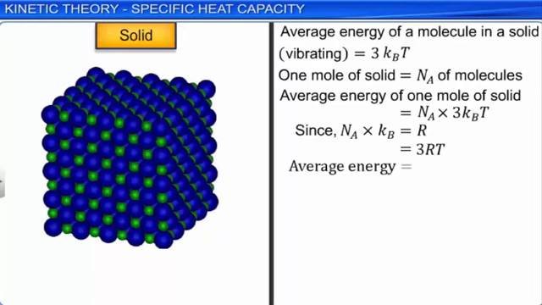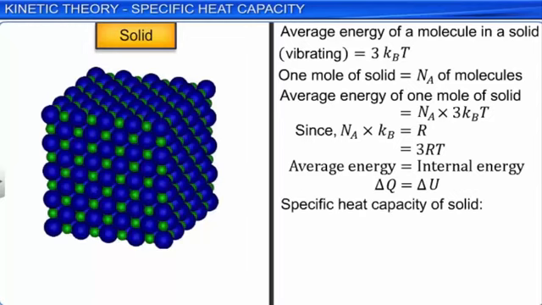The change in the volume of solids is negligible, and hence the heat energy exchanged is equal to the change in the internal energy. Then the specific heat capacity of the solid can be found by substituting the internal energy in the specific heat capacity formula.